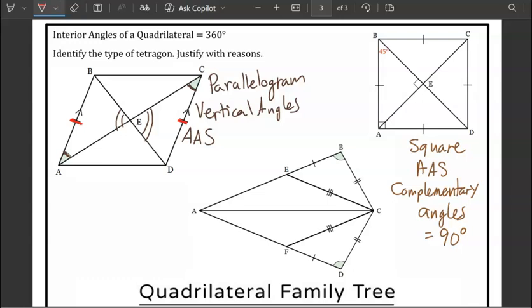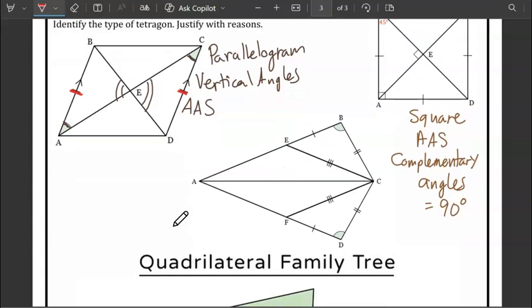And then this next one, this tetragon is a kite. It has a pair of equal sides that are not parallel.